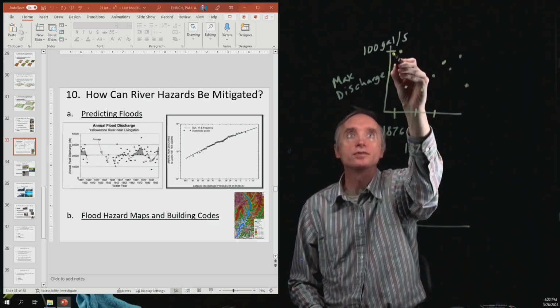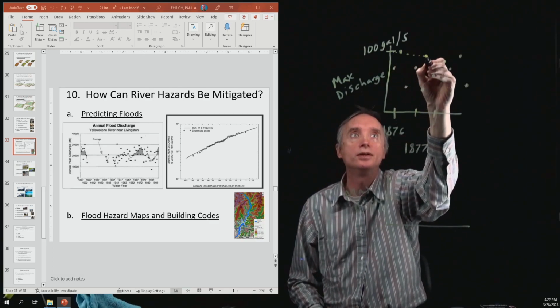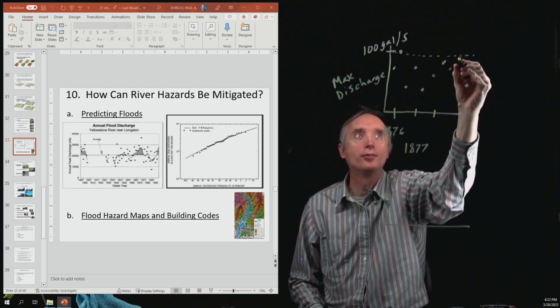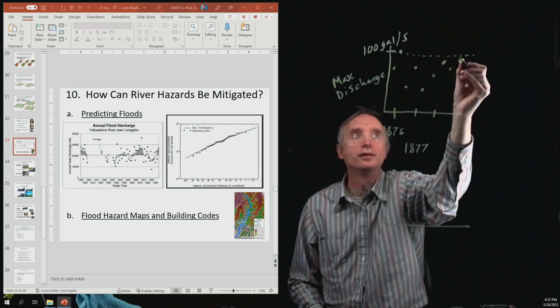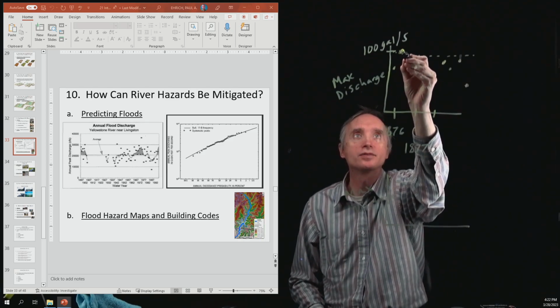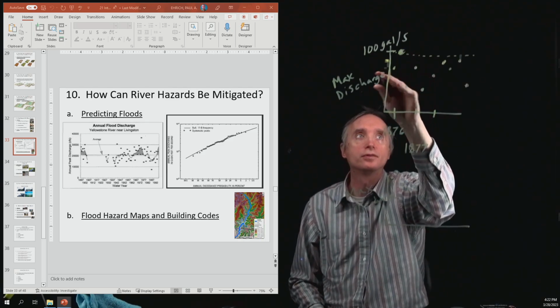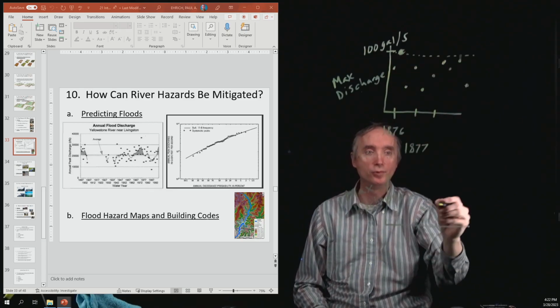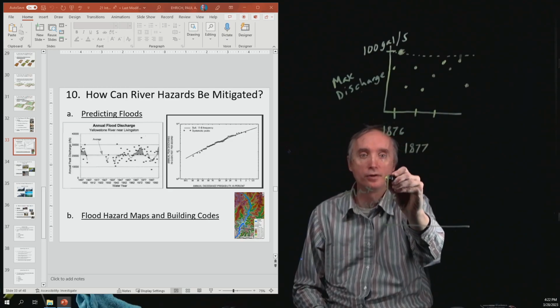Let's say this one turns out to be taller than this one, so I'll put that one down a little bit lower. This is our maximum discharge for all of these other discharges, so it would plot up here.